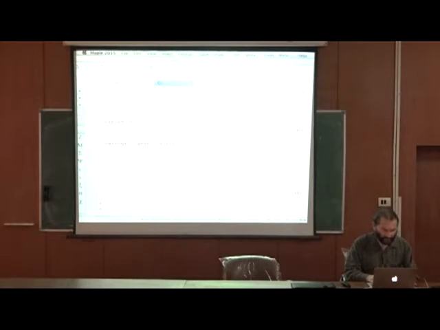So these are the evolution equations for rho Q, H Q, delta, delta rho, and delta.